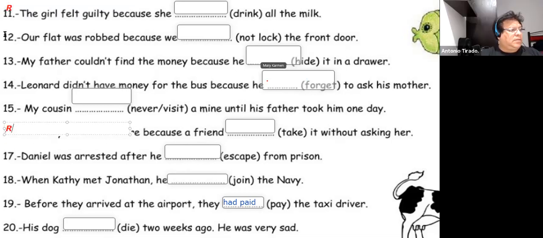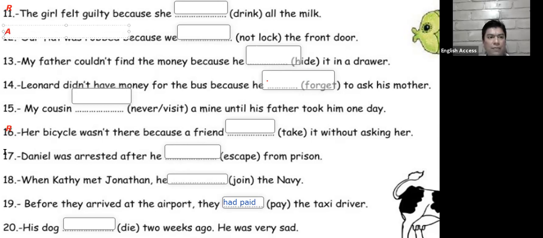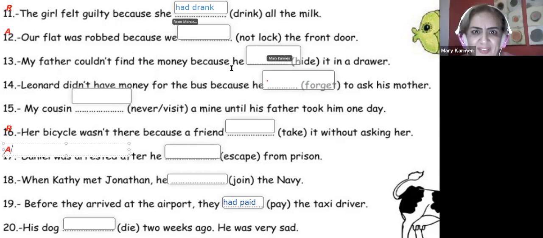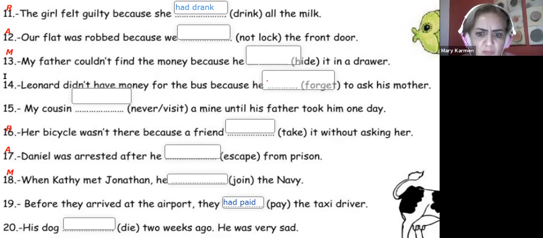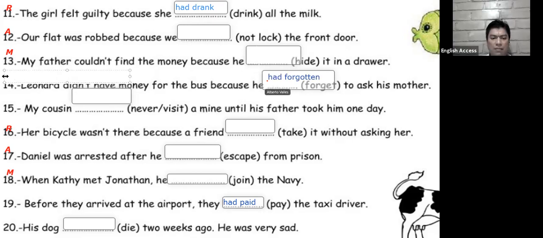And Antonio, 12 and 17. Mari Carmen, 13 and 18. I can write here, or do it in the chat. Or actually, hold on, give me one second. Okay. Alberto, 14 and 19. And Cynthia, 15 and 20.